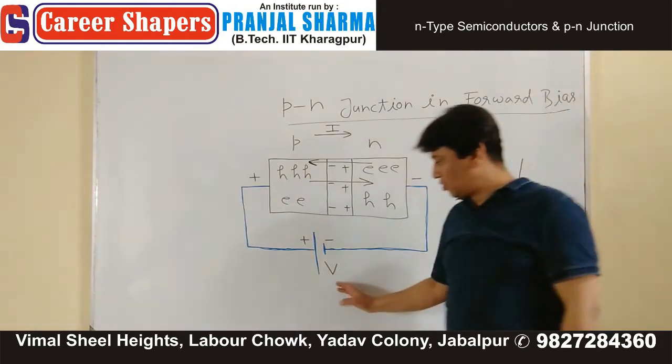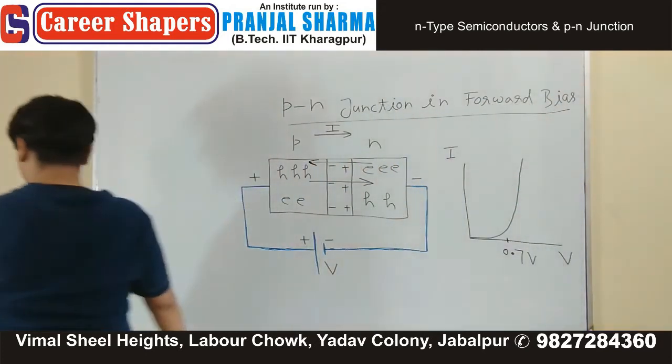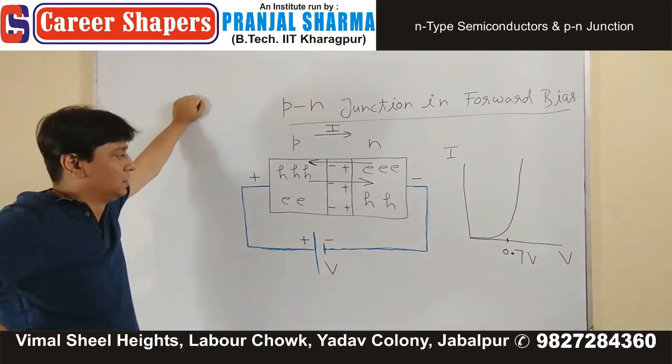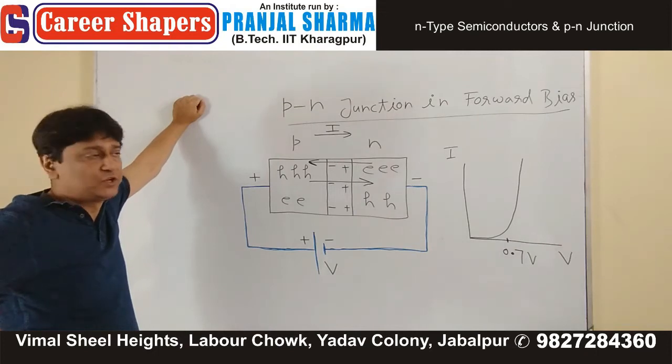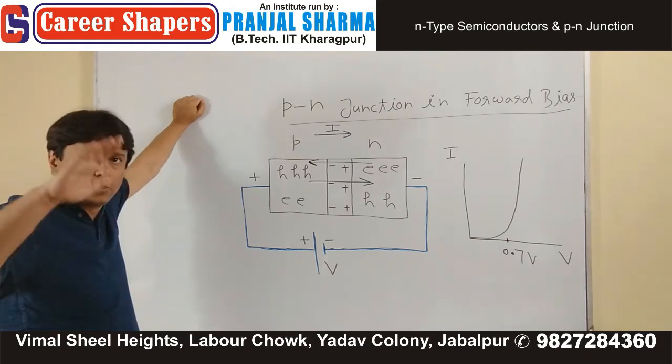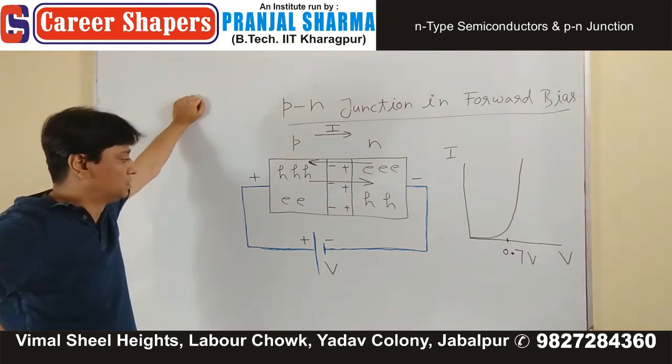As we increase the voltage, width of depletion layer decreases, that is potential barrier also decreases.